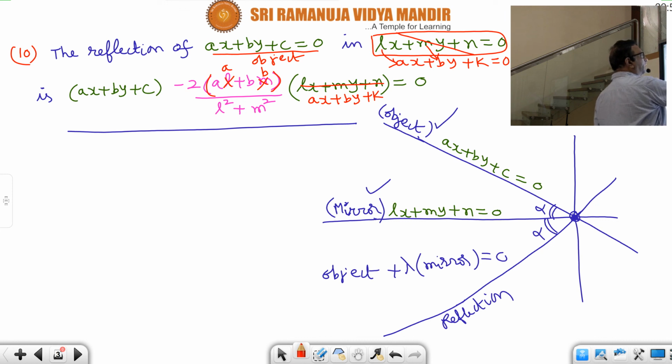Similarly, in the denominator, I have to replace l by a square and m by b square. So the numerator is a square plus b square, and the denominator is also a square plus b square. So they will cancel out. So what is the formula now? ax plus by plus c minus 2 into this is all gone. In the bracket what?